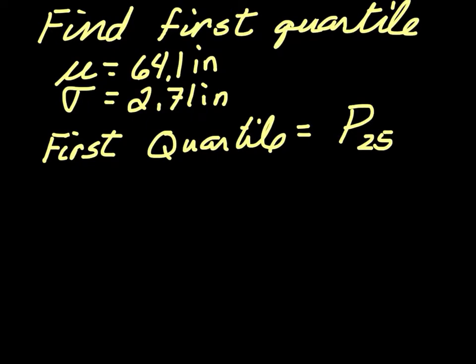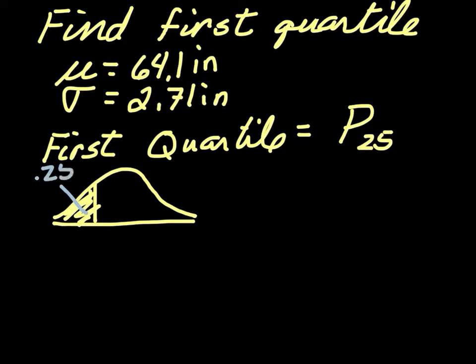And so we're going to find the first quartile where the mean is 64.1 and the standard deviation is 2.71. The first quartile, as we said before, is the 25th percentile. So what we can do at that point is we can draw a picture. The 25th percentile is going to be in this half. And we know that that probability there is 0.2500.